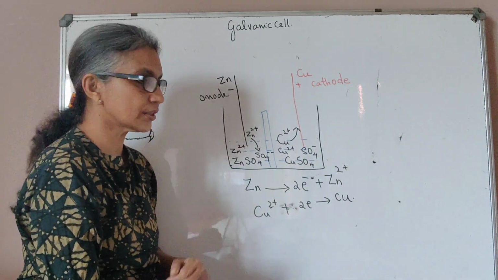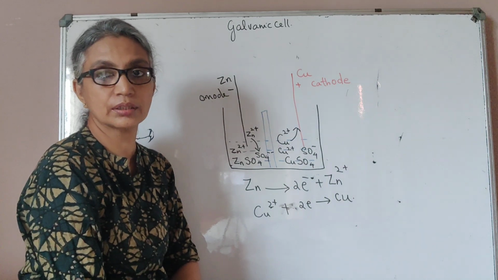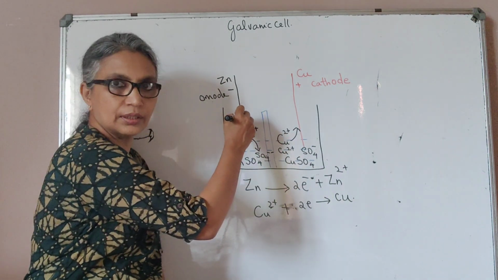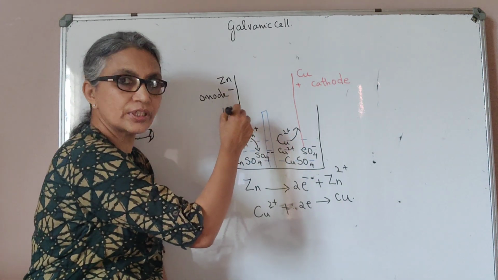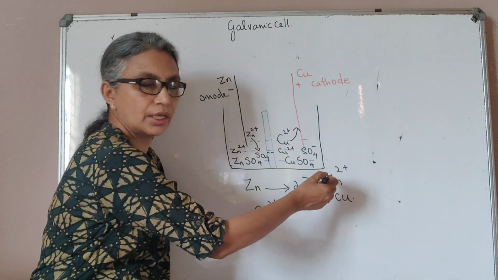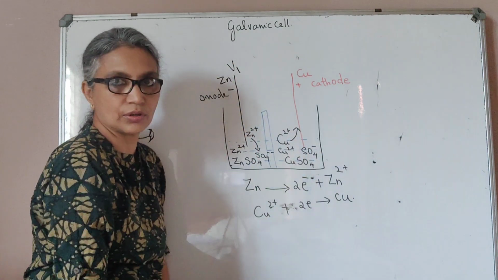Now what happens here is, in the last chapter I taught you, potential is the work done on unit charge. So for this reaction to happen here, we need energy. That energy per unit charge for a zinc atom to become a zinc ion is what I will denote as the potential V1 of this rod.